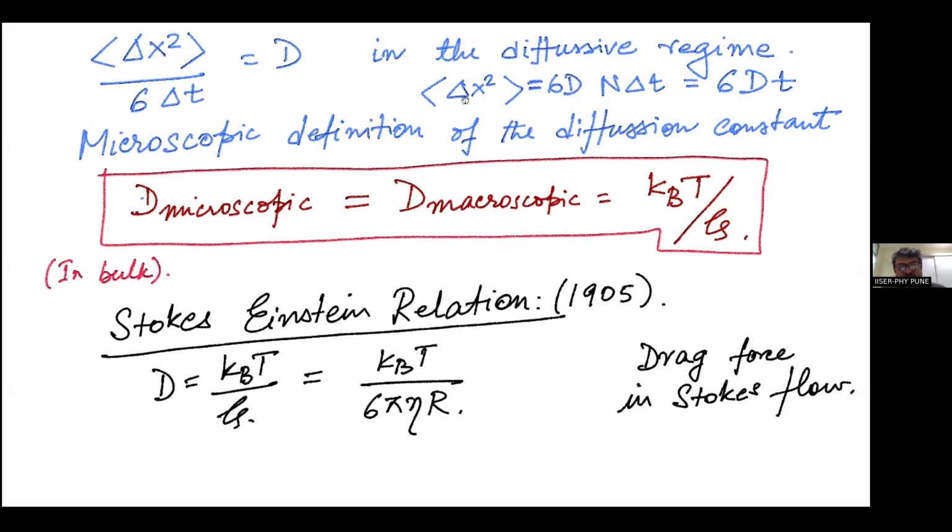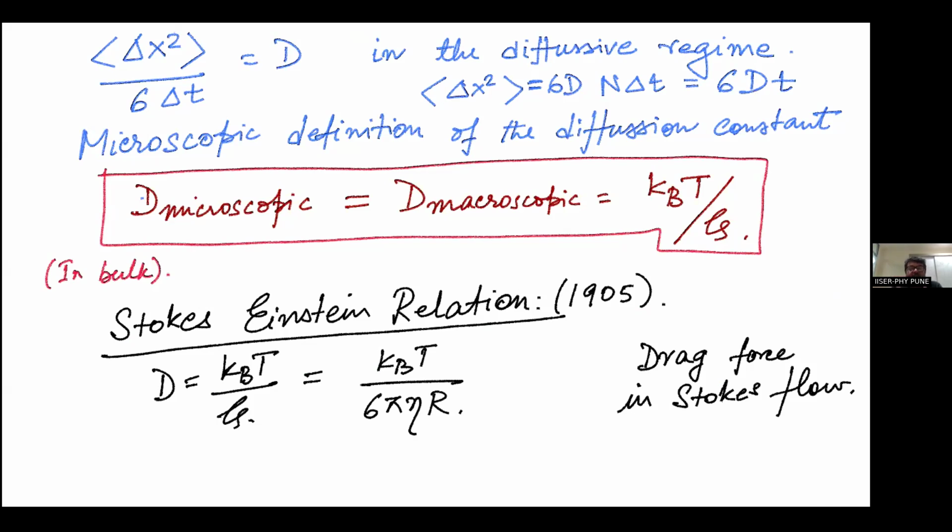So in the diffusive regime, delta x whole square goes as 6 n delta t or 6Dt. Sorry, in this convention I should use the time t here, not the delta. So delta x square equal to 6Dt, and here you are calculating D from the microscopic.